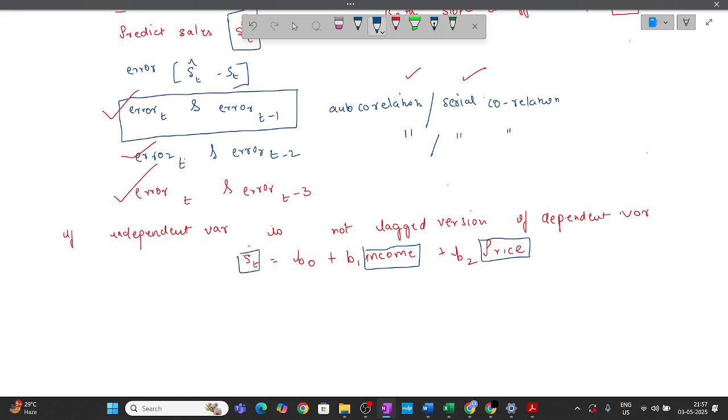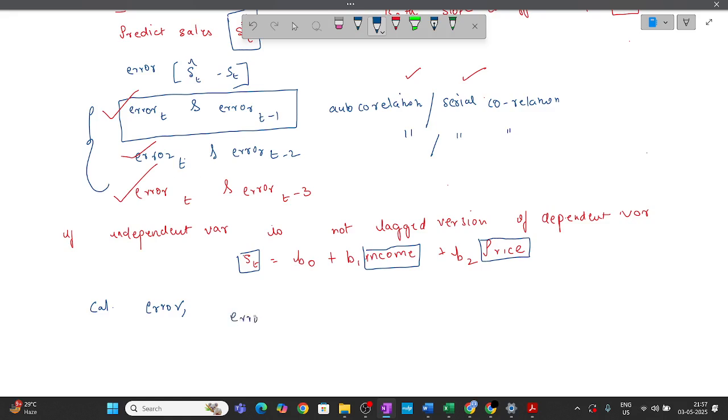So what will we do in this case? We run the regression, calculate beta naught and beta 1 using OLS, predict sales, calculate errors. Okay? Once you've calculated the errors, we do the same thing.